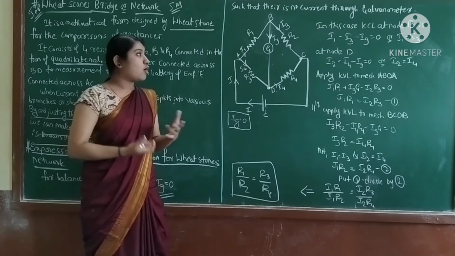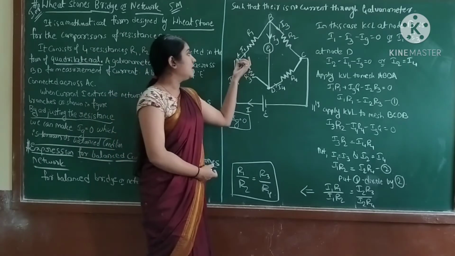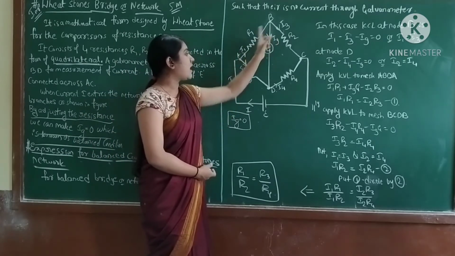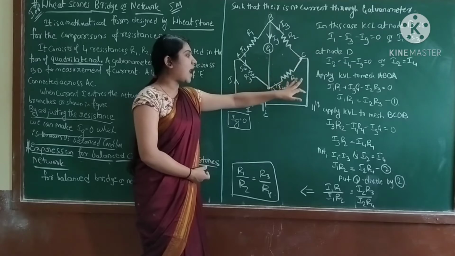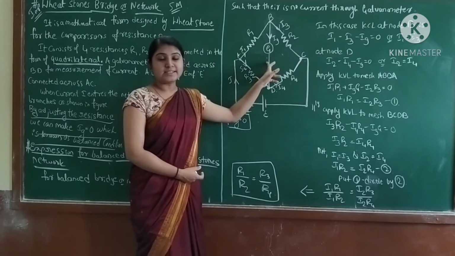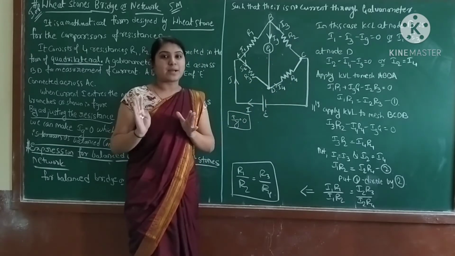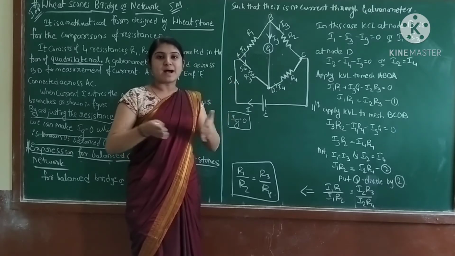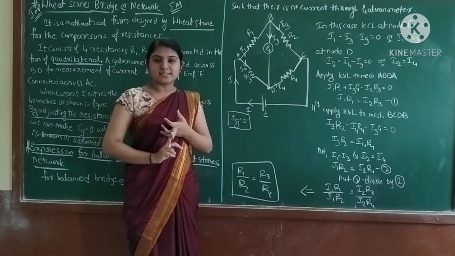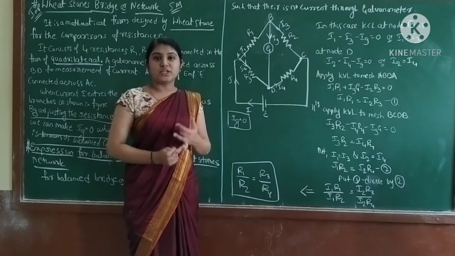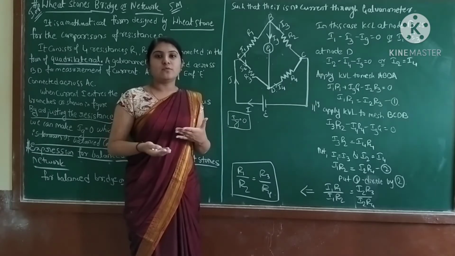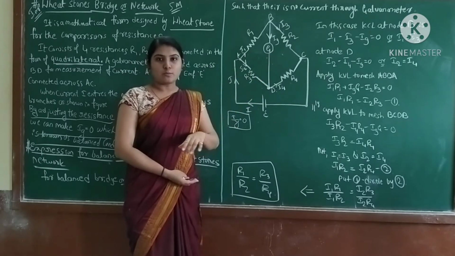Understood? So after this, just remember I1, I2, I3, I4 and IG. These are the different branch currents that pass through the resistors R1, R2, R3 and R4, and one more through the galvanometer.